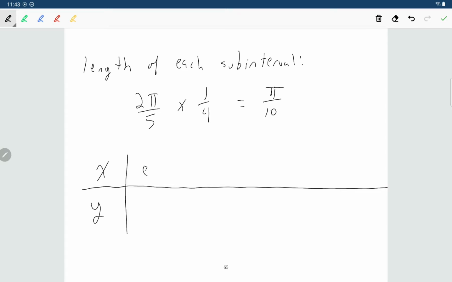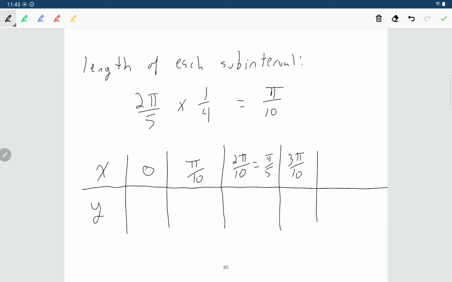So if I'm starting at the x value of 0, then for each x value I'm going to go up by pi over 10. So the next x value should be pi over 10, and the next one after that should be 2 pi over 10, which is the same thing as pi over 5. Then the next one should be 3 pi over 10, and then 4 pi over 10, and so on.